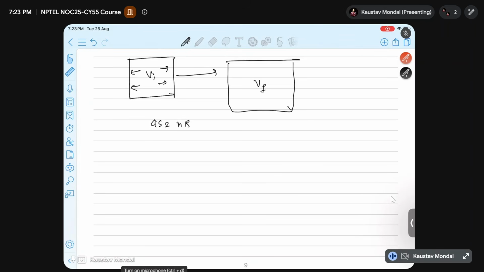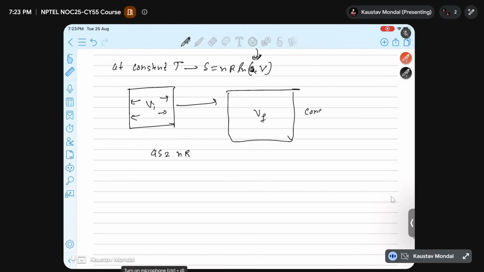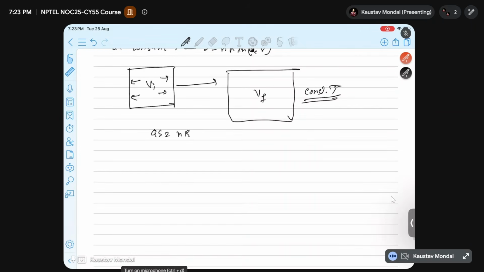The only thing that can change, this thing is happening at constant T. This is an important assumption, otherwise this formula will not be valid here. So nR ln A Vf minus nR ln A Vi.